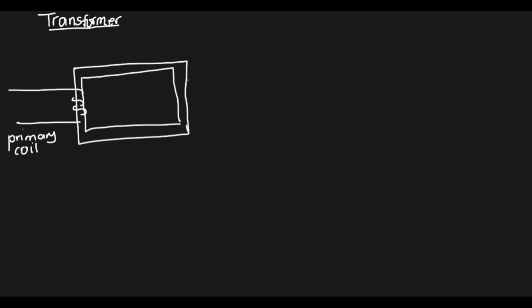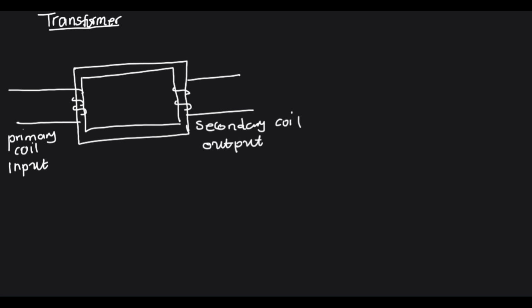Then we will have the secondary coil on the right side. Then from there, the other thing that we need to know here is the primary coil is considered to be the input. This can be the input of voltage or current. Then our secondary coil is considered to be our output.